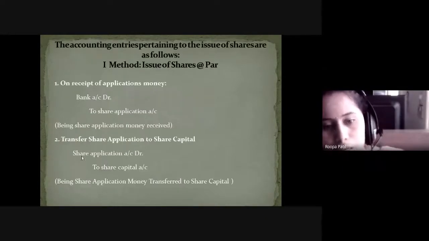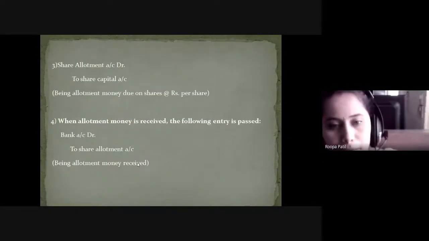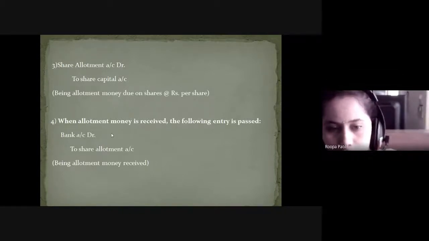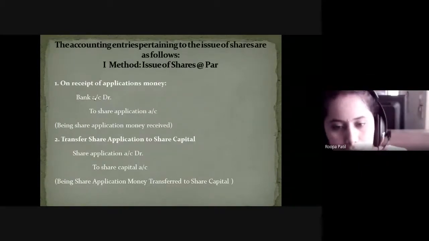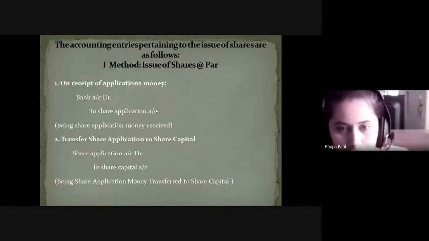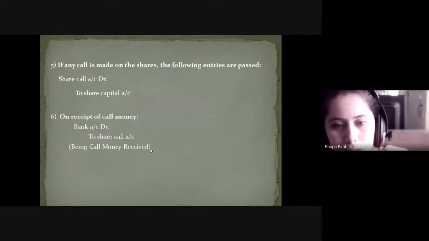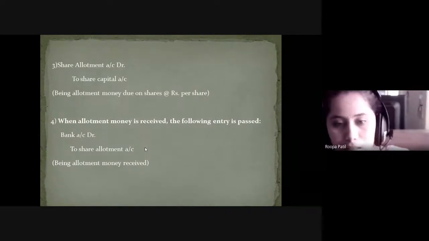This is a transfer entry, not an allotment entry. Transfer share application to share capital. Journal entries are very easy.